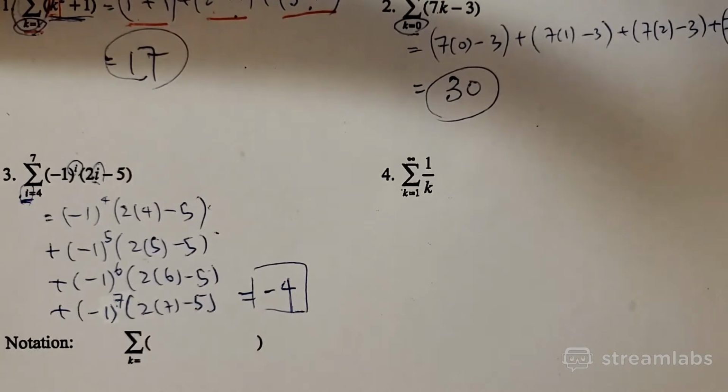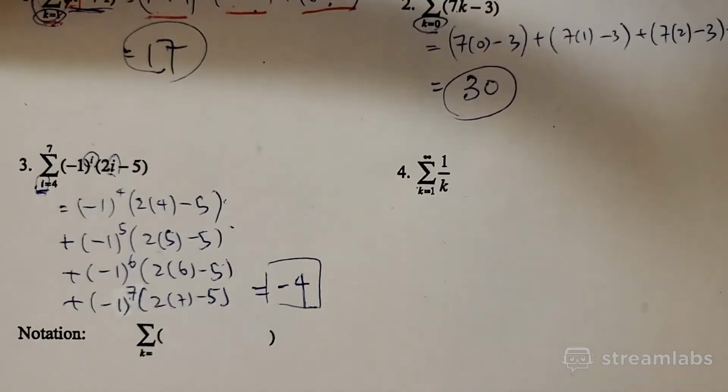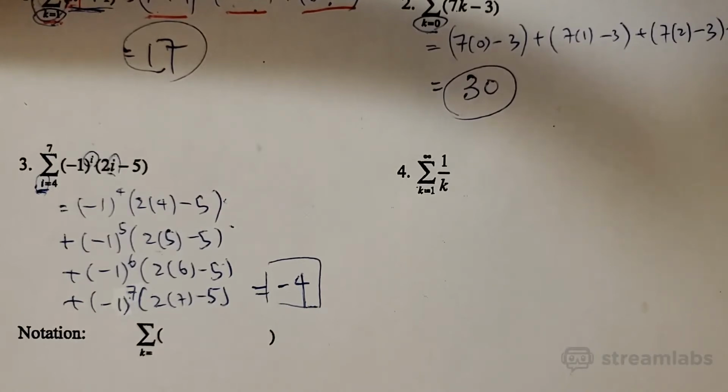Is that right? Yes, verify. Negative 4 is right. Okay.